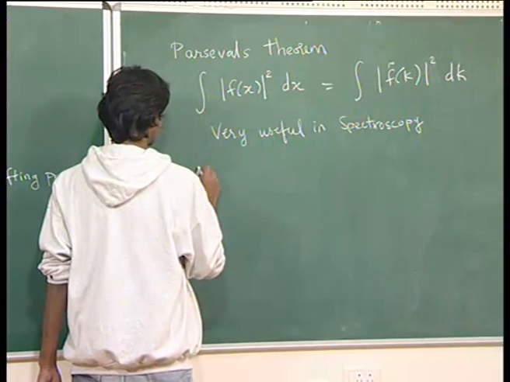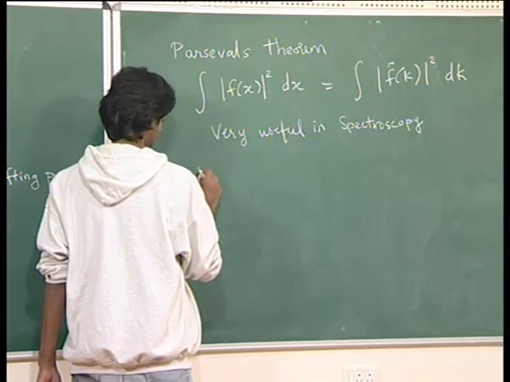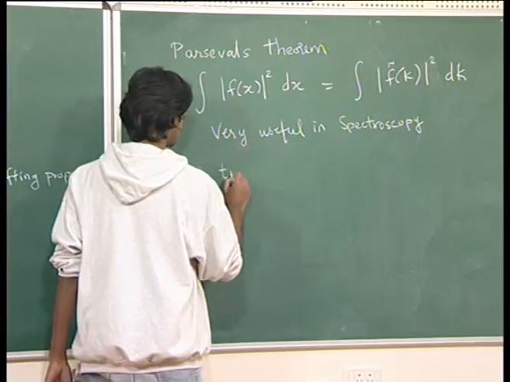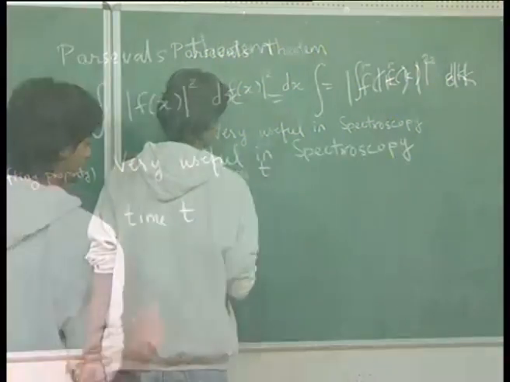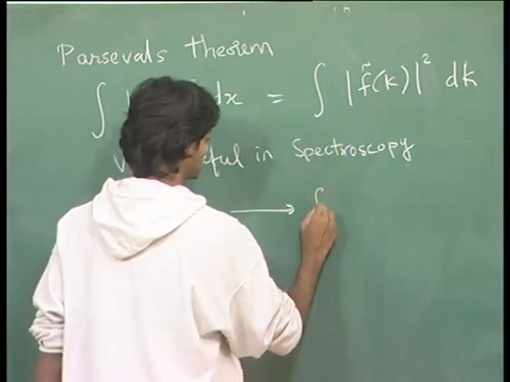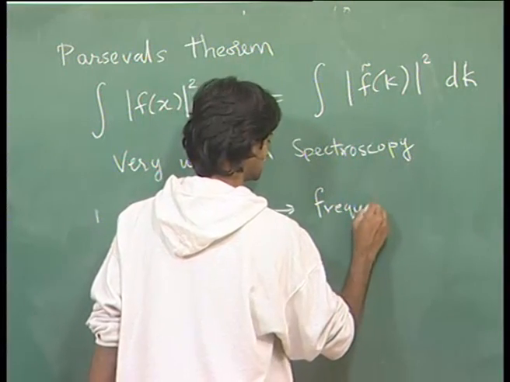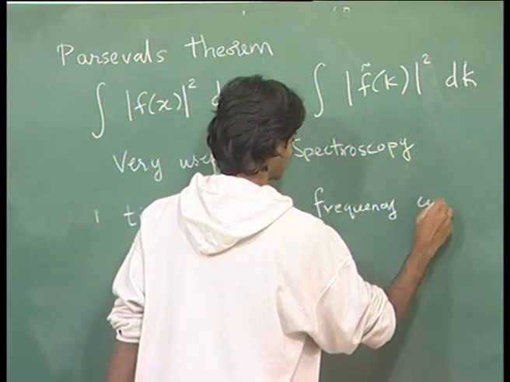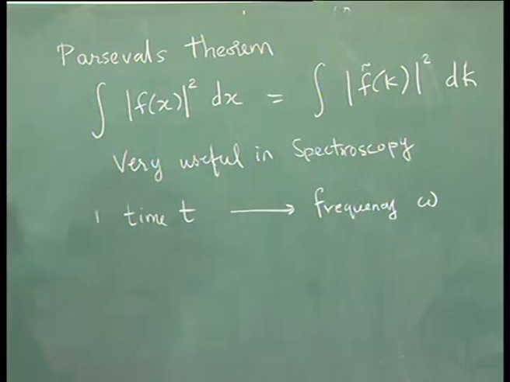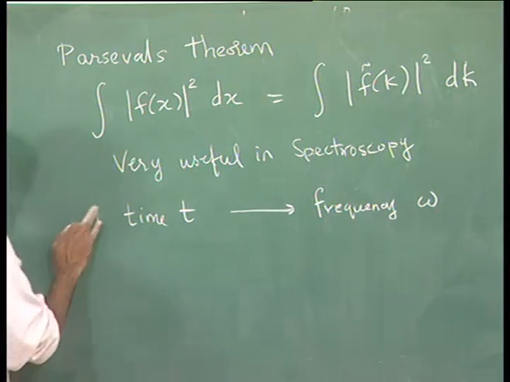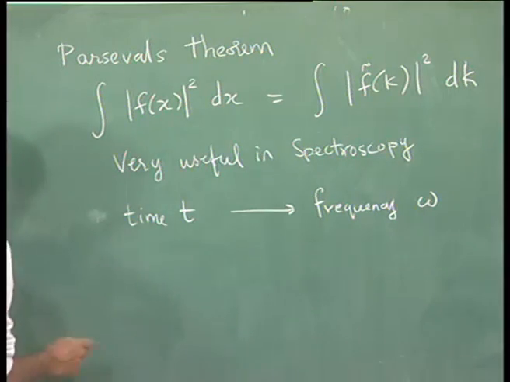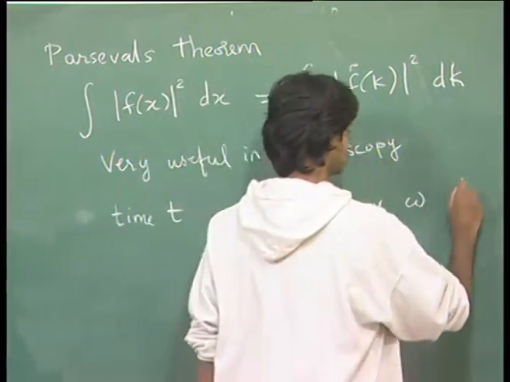So in spectroscopy typically you have time t and you transform to frequency omega, the angular frequency omega. This is what is typically done in spectroscopy.